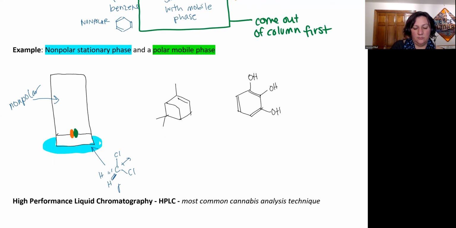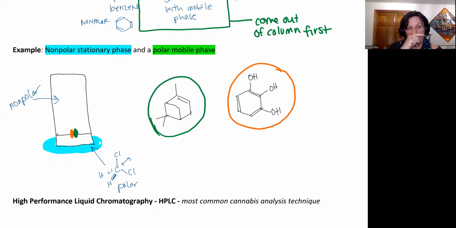So this is polar. So this time we're going to have a polar mobile phase and a non-polar stationary phase of the paper. So let's keep our color coding the same so that way it doesn't break our brains too much. Our pinene will be the green dot and our benzene ring with alcohol groups will be our orange dot.